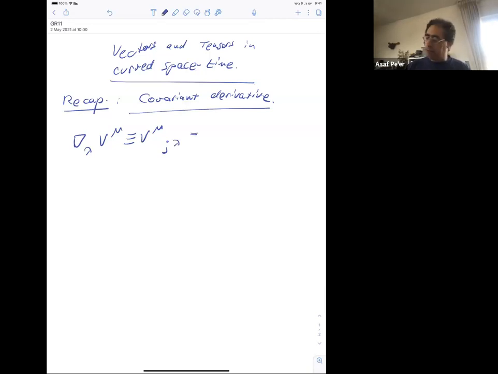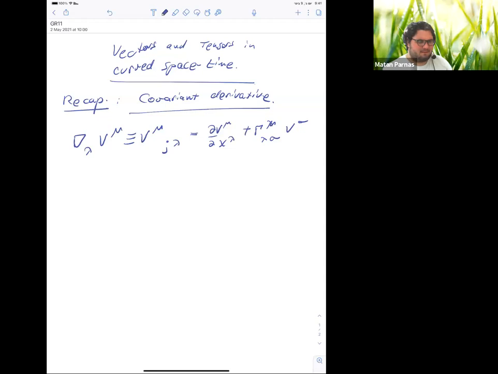It is just the regular partial derivative, dV mu over dx lambda, plus an extra term for the affine connection, gamma mu lambda sigma V sigma.